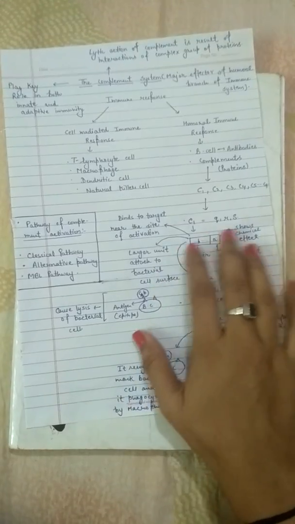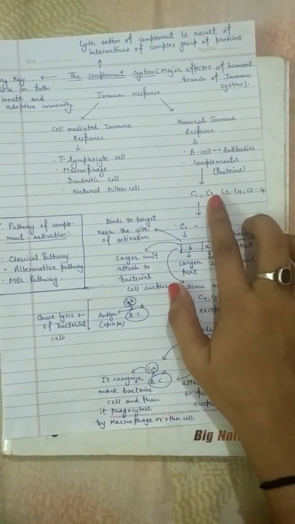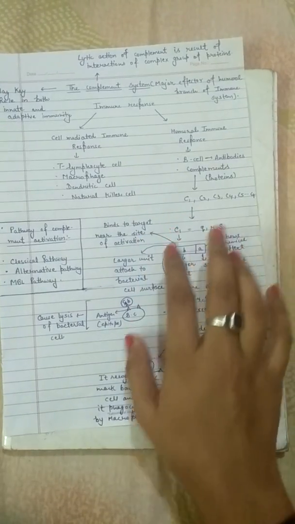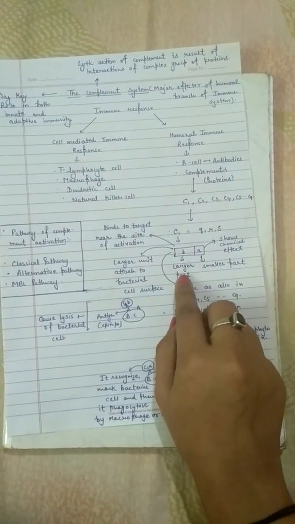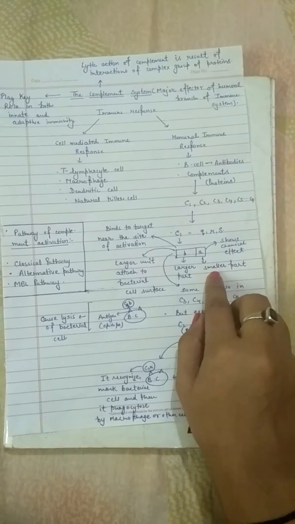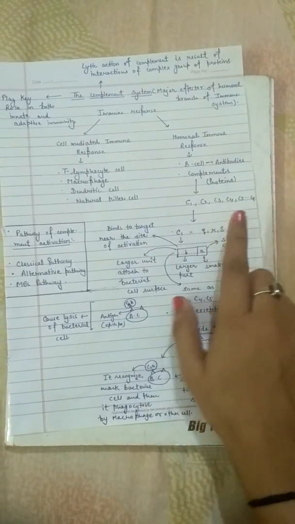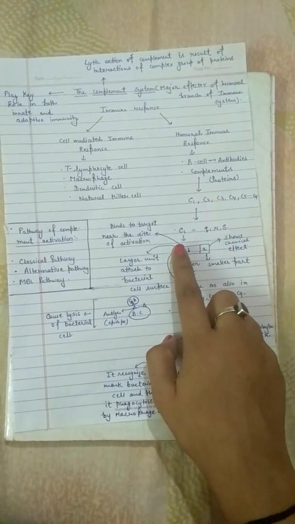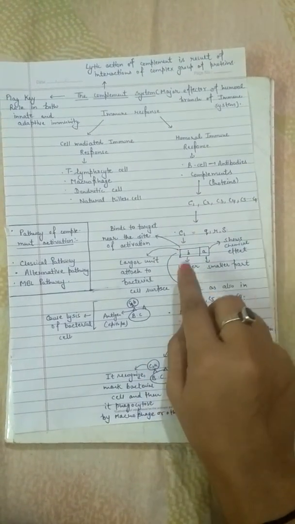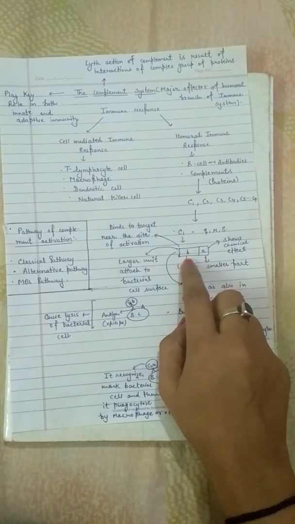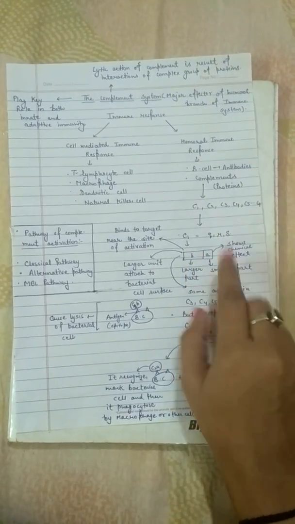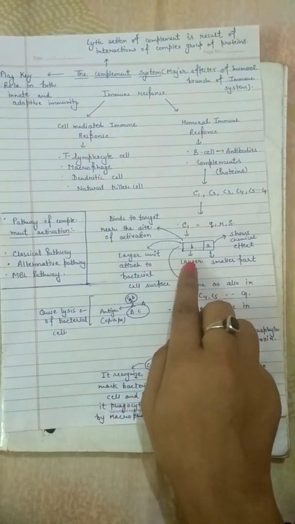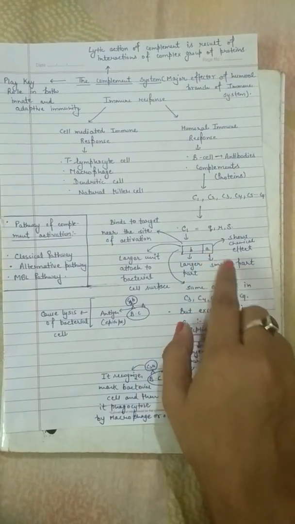In all the complements except C2, the B part forms the larger part and the A part forms the smaller part. So C1, C3, C4, C5 up to C9 are divided into a larger B fragment and a smaller A fragment.